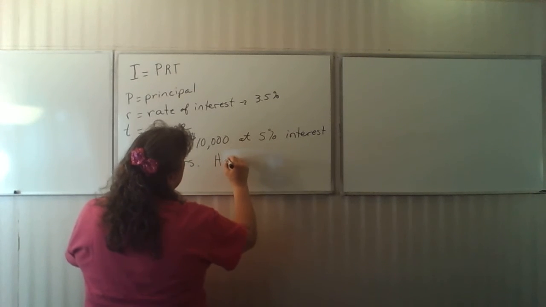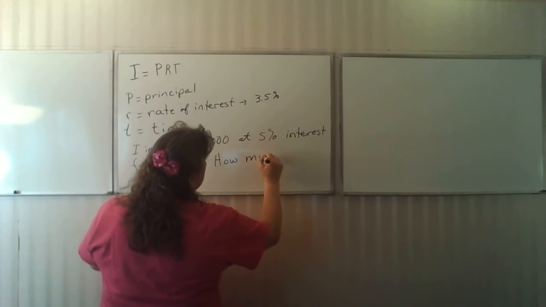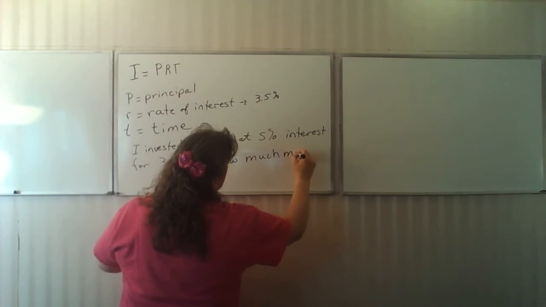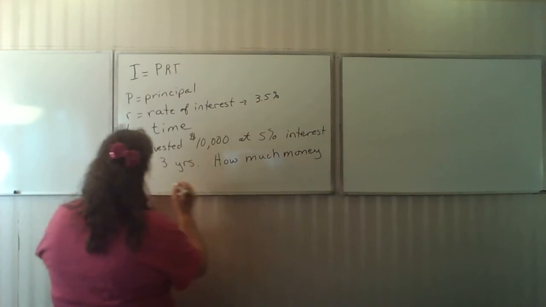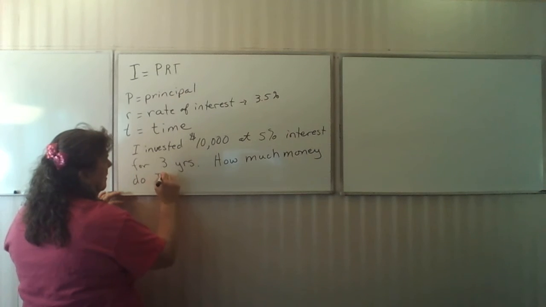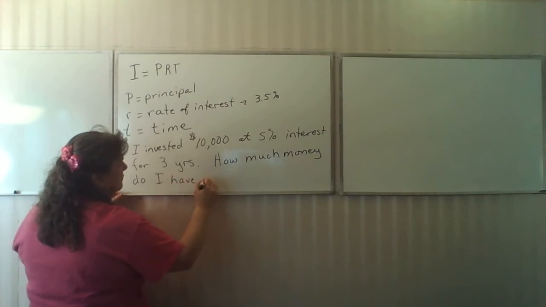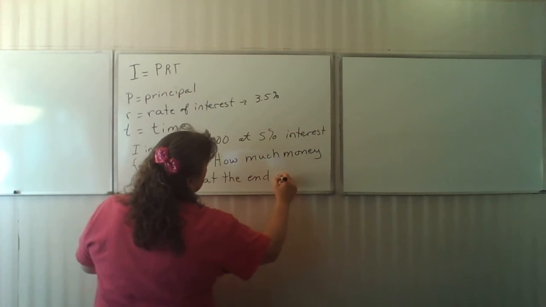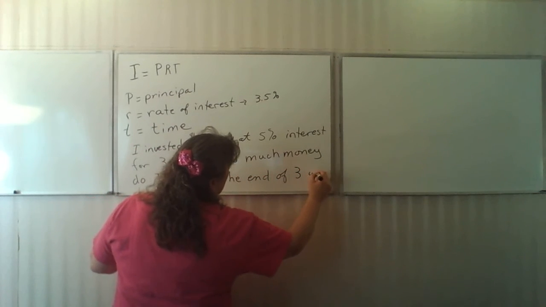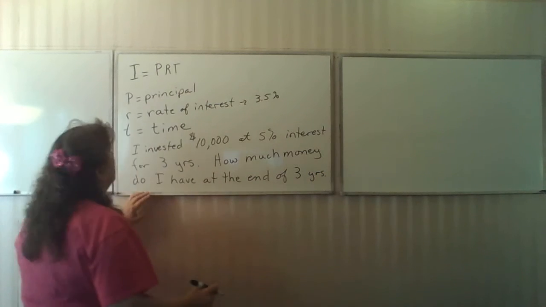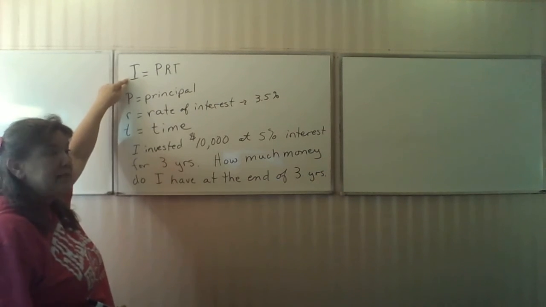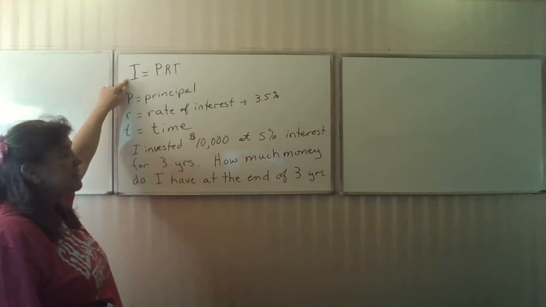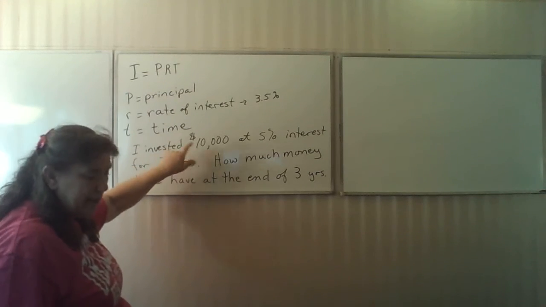Well, better yet, we'll make the question, how much money do I have at the end of 3 years? Because this isn't the total amount of money, this is the interest. So my first step is to figure out my interest.